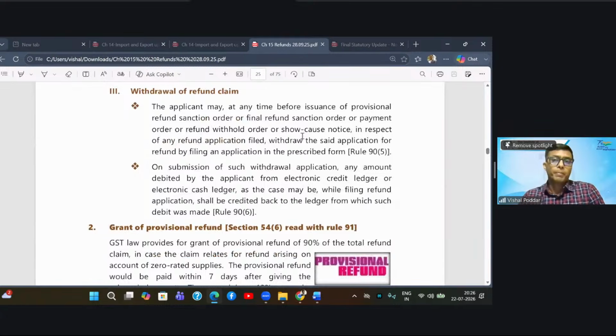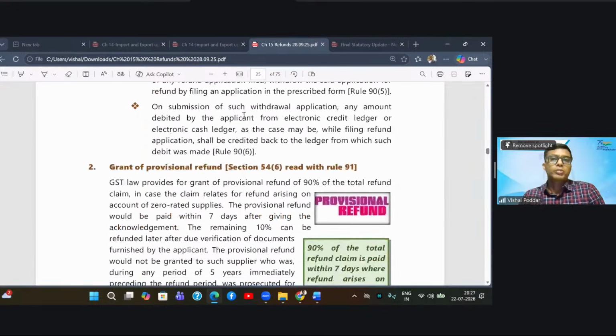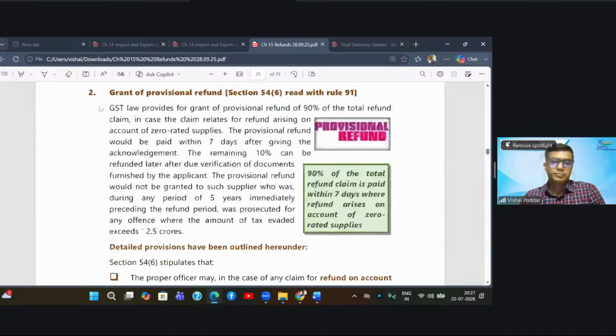Now, withdrawal. It may happen that after filing of the refund application, the applicant may decide not to go ahead with refund. In such cases, anytime before issuance of the refund sanction order or final refund sanction order or payment of refund, the applicant may withdraw the application. On submission of such withdrawal application, any amount which is debited to your electronic credit ledger or cash ledger will be recredited.